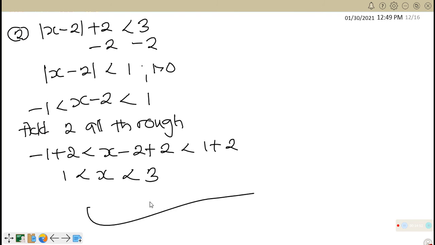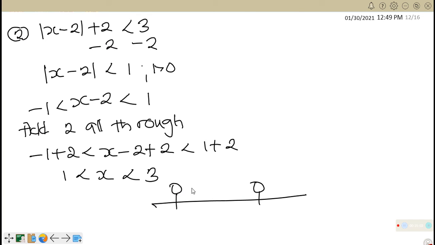On the number line we can plot the inequality graph. It is a strict inequality, so we join 1 to 3, and this is x greater than 1 and less than 3, and this is 1 and this is 3, and this is the x-axis. We have the inequality plotted that way.